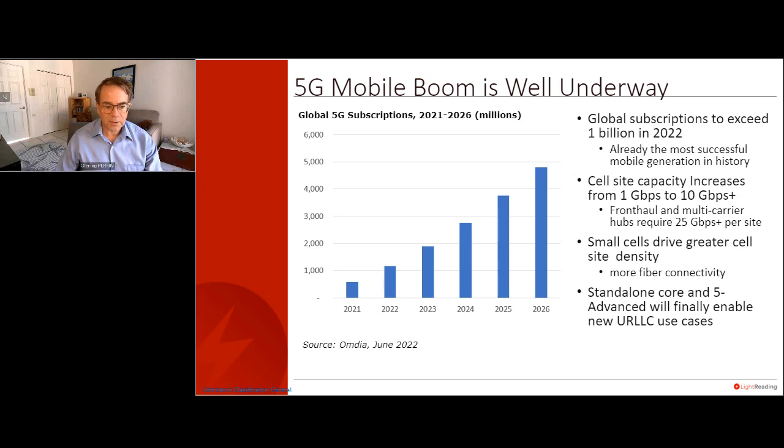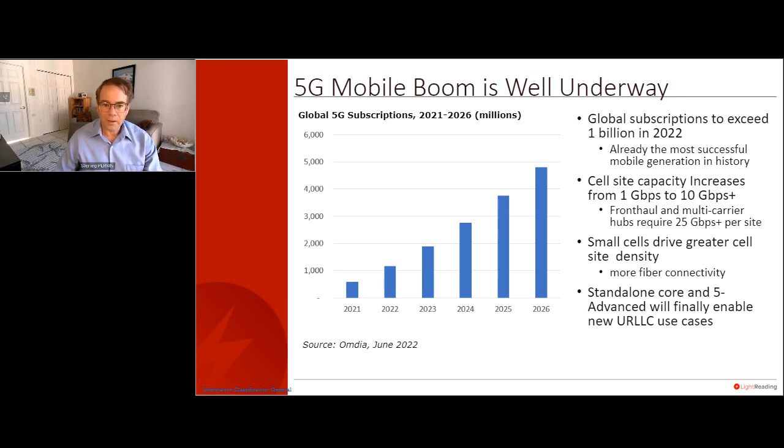And this is very recent Omdia research in terms of 5G mobile subscriptions globally out through 2026. Really one of the key points from this is that subscriptions are set to exceed 1 billion globally by the end of this year, which makes 5G already the most successful mobile generation in history based on that number of subscriptions in that amount of time.